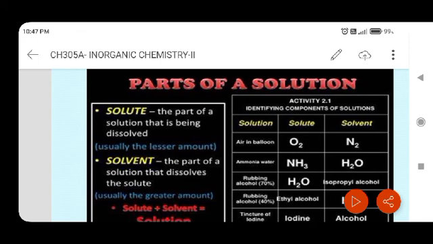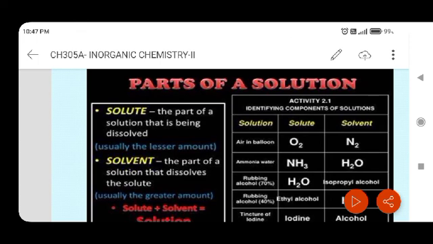But why is it so? Because the solvent nitrogen is present in the majority, so oxygen is present in a minor amount. So oxygen is termed the solute in the solution, and nitrogen, because of its major amount, is called the solvent.